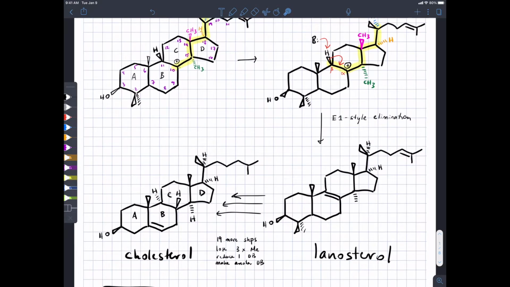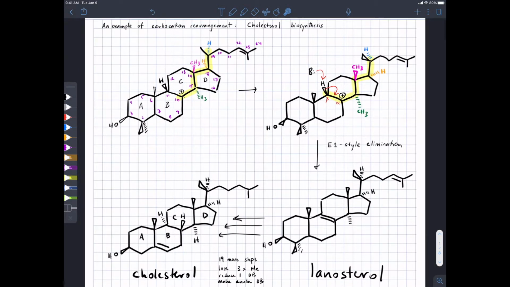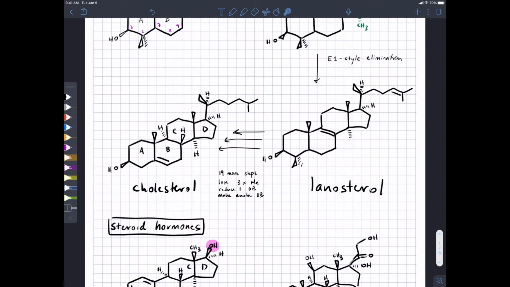So this no longer has to do with carbocation rearrangement, but I'm really trying to put in a plug for biological relevance. So I'm going to show you some molecules you might encounter in your future in biochemistry or in medicine as examples of things that come from this same pathway.